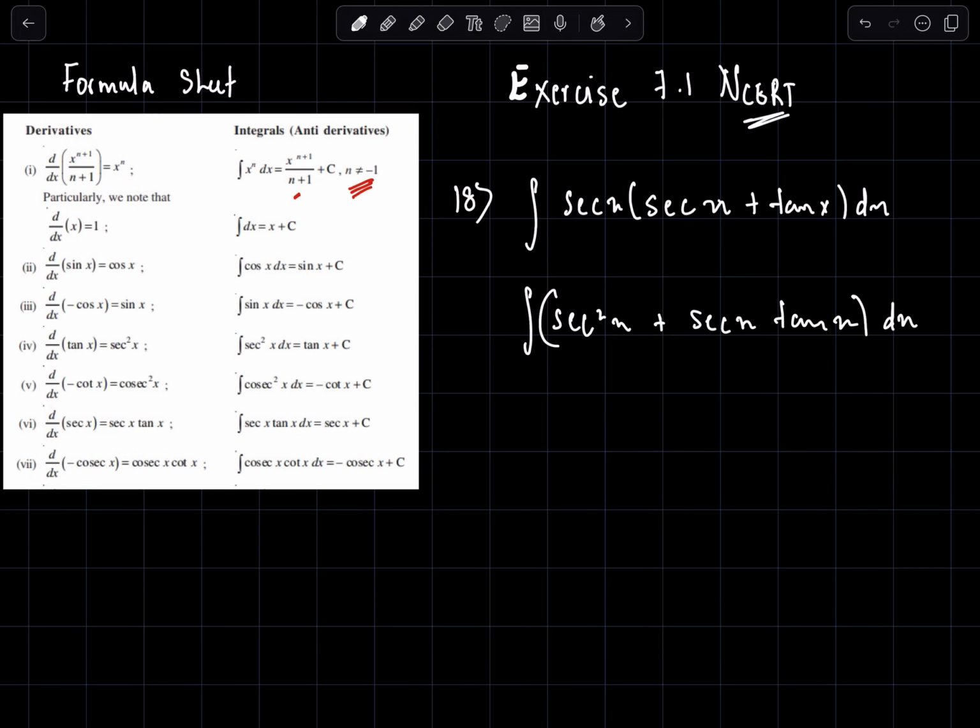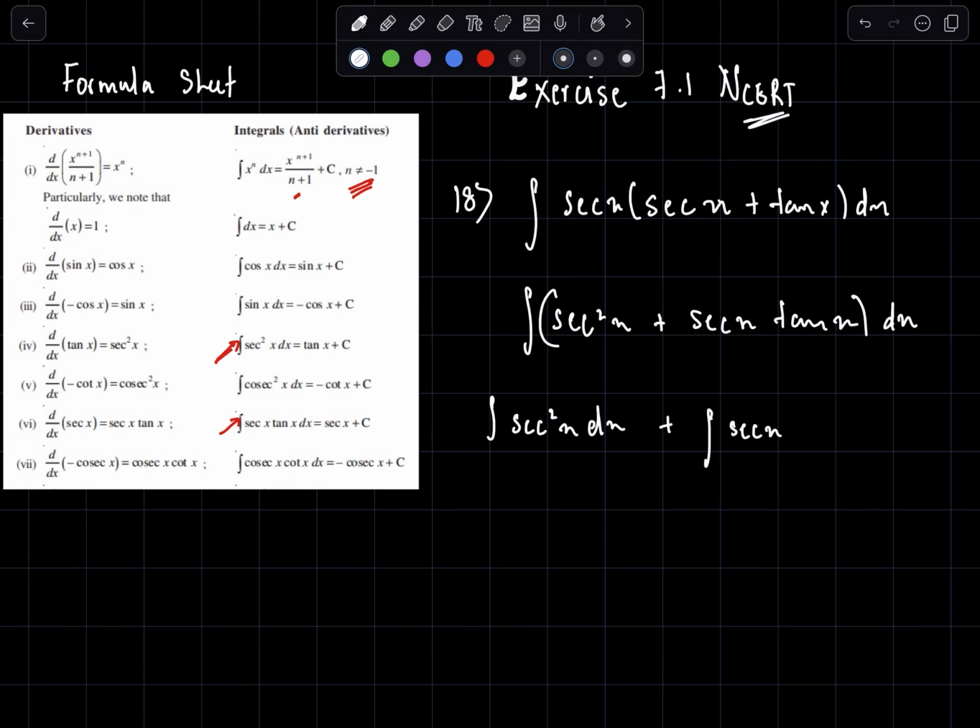Now check if the individual terms are integrable. As you can see, in the formula sheet you have a formula for secant square x and secant x tan x, right? So it simply reduces down to integral of secant square x dx plus integral of secant x tan x dx.